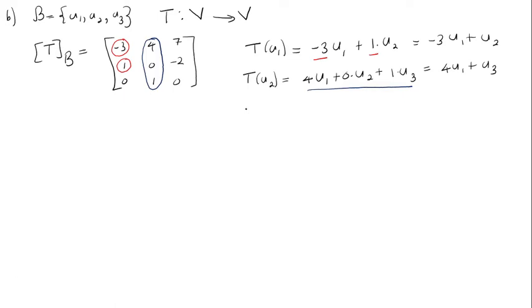Now I am going to write Tu3. If I write Tu3, I will obtain 7u1 minus 2u2 plus 0 into u3, that is equal to 7u1 minus 2u2.